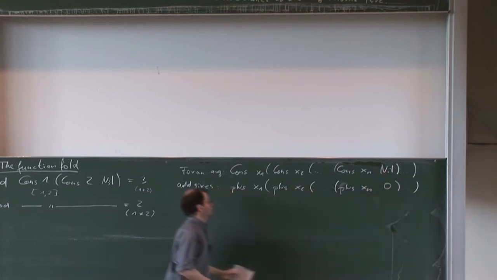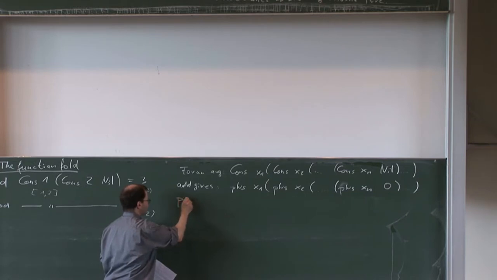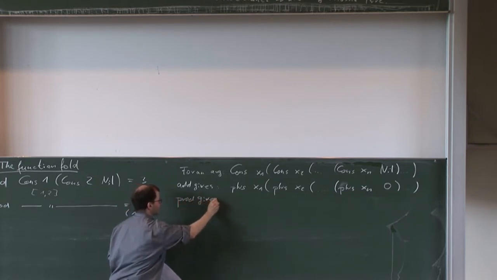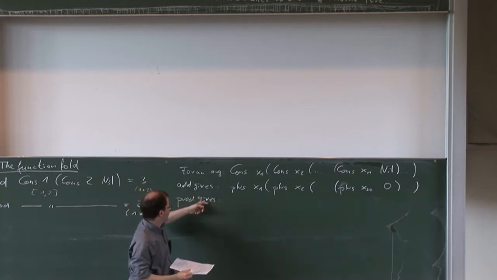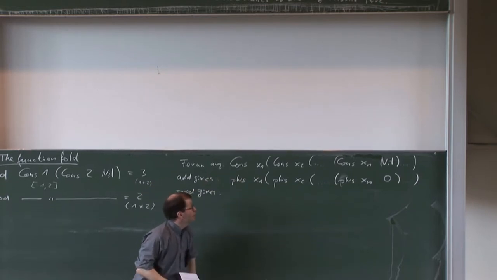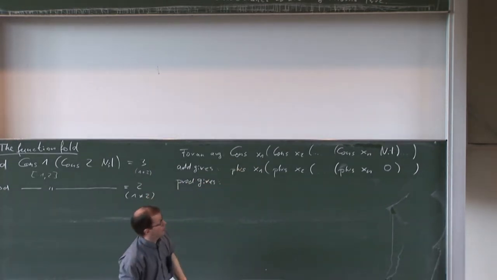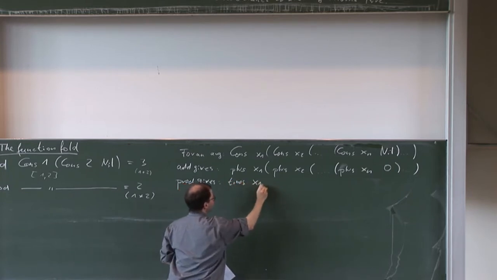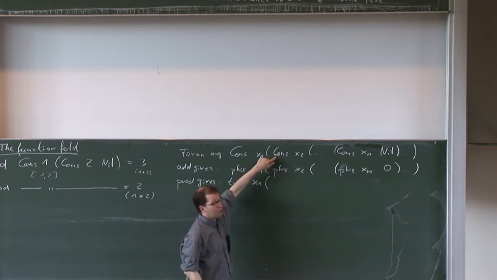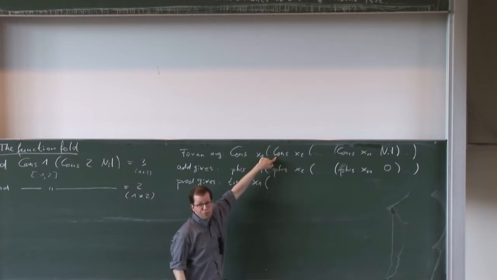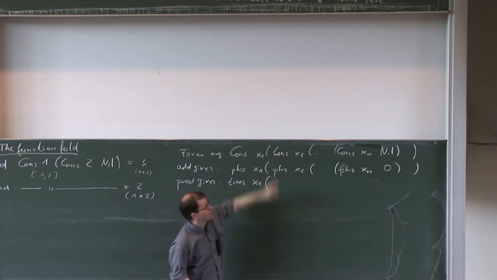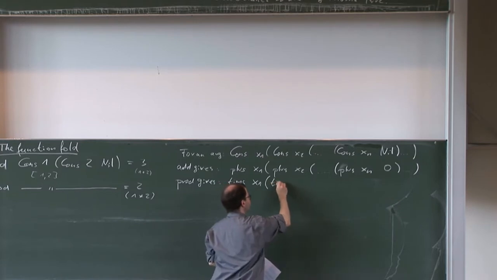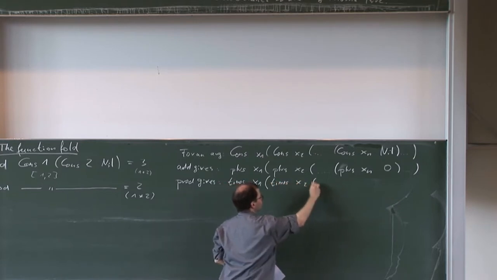Now let's look at what prod does. If you call prod on the same list, this cons would be replaced by times. So you would get times x1, and then prod would be called on the remaining list. What would it do? It would replace this cons by times as well, and then it would be called on the remaining list.